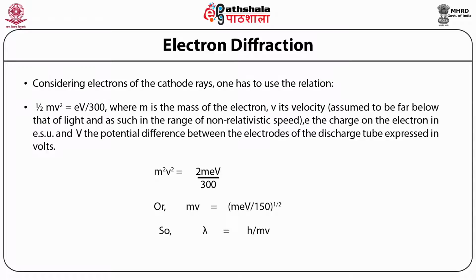So lambda is equal to h upon mv, therefore it is equal to h into under root of 150 upon meV.